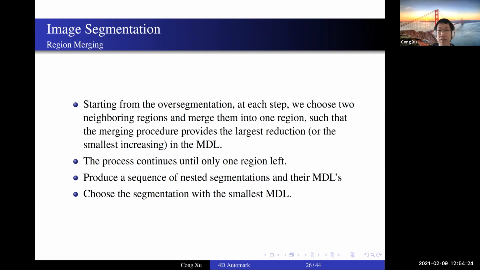Suppose initially we have M regions, then we keep merging 2 of them, and we have a sequence of models. Finally, all these regions are merged together, so there's only one region. So we have M models, from M regions to only one region. We have a sequence of models, and we just choose the segmentation with the smallest MDL.